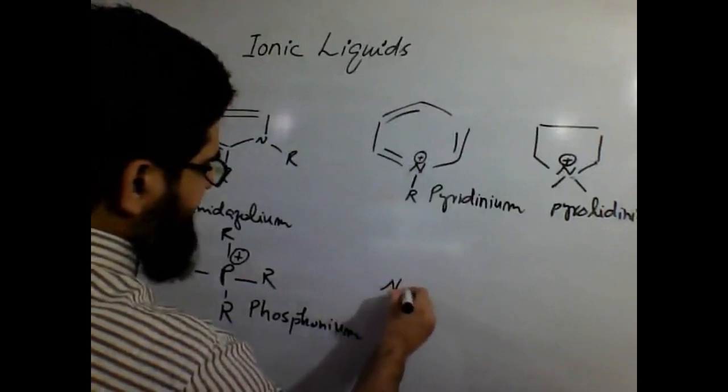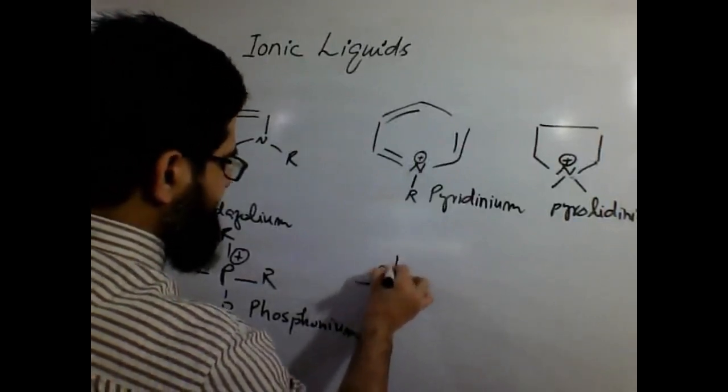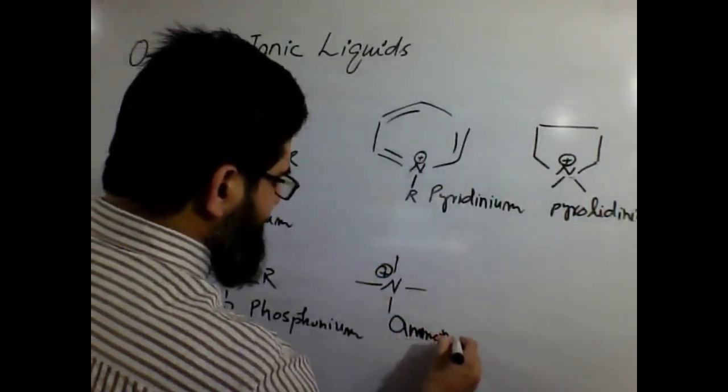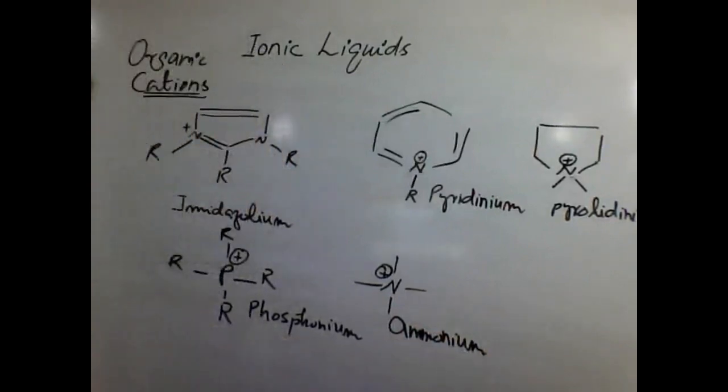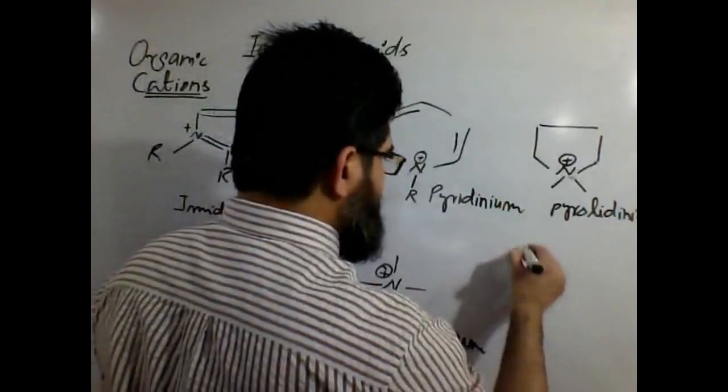Similarly, simply nitrogen substituted with 4 substituents having positive charge is supposed to be an ammonium. Similarly, there is another class that is called sulfonium.